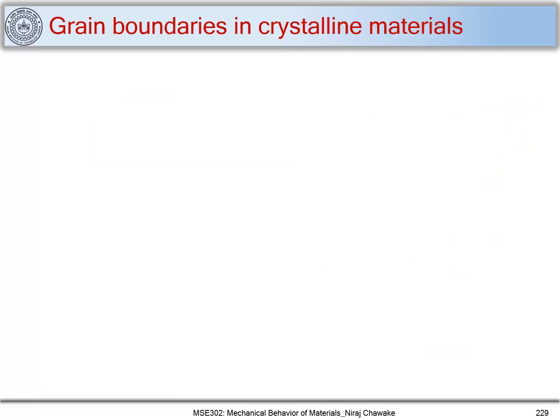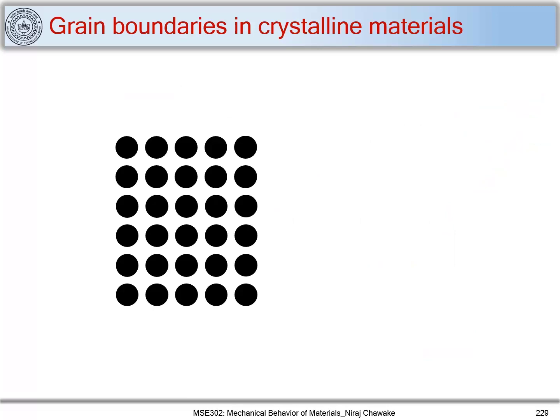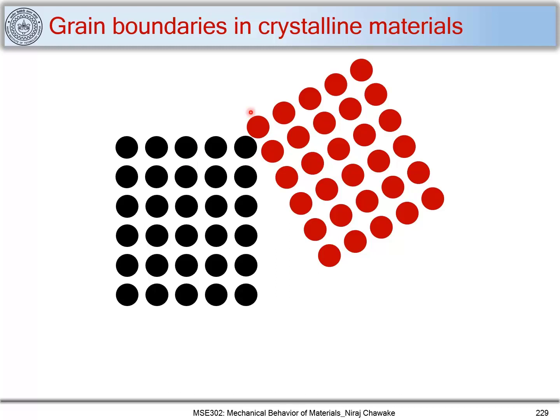So let's understand grain boundaries in crystalline materials. So we have this grain which is oriented in this particular way, and let's consider another grain which is oriented in this way. Now the boundary between these two grains will be of disturbed bondings. So you can say that these are atoms which are at this boundary.